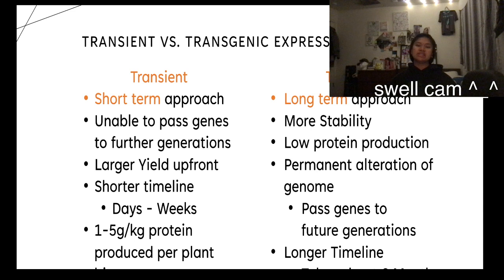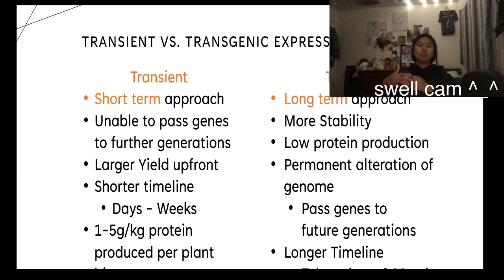So it is a very temporary approach, but the yield of your protein is larger up front as the plant allocates its metabolic resources to produce your protein of interest. So this timeline can take about days to weeks, and the yield for protein is about 1 to 5 grams per kilogram of plant biomass, as opposed to a transgenic approach.